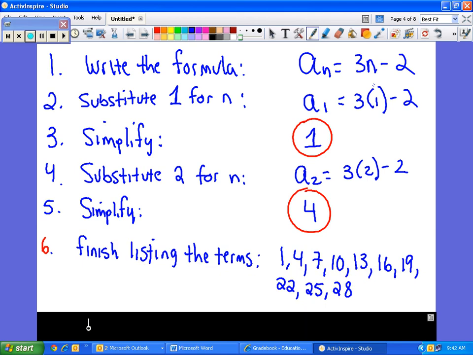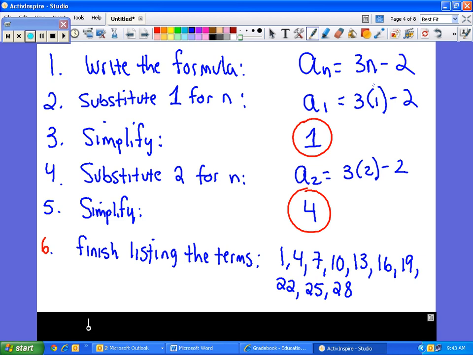I need to do these first 5 steps to see what the pattern is. But once I see what the pattern is, I don't have to keep plugging in 3 and 4 and 5 and 6 and so on. Can I? Of course I can, if I don't feel comfortable or confident that I figured out what the pattern is.